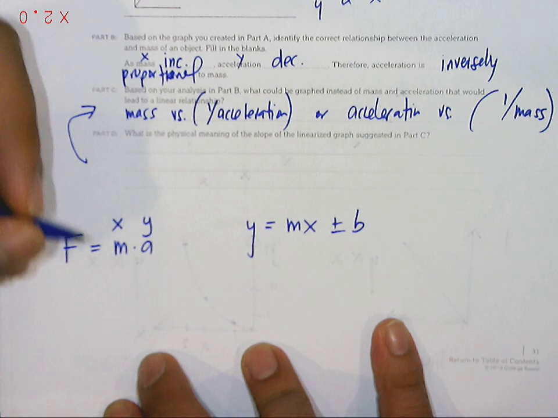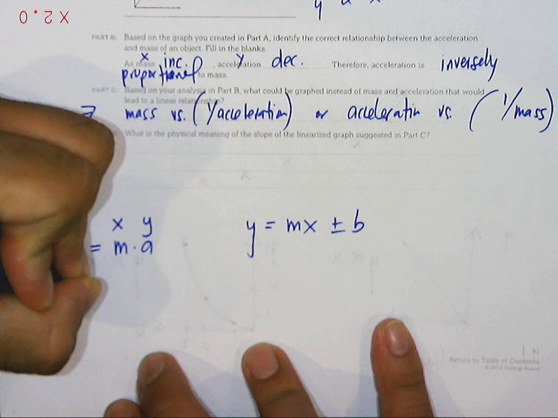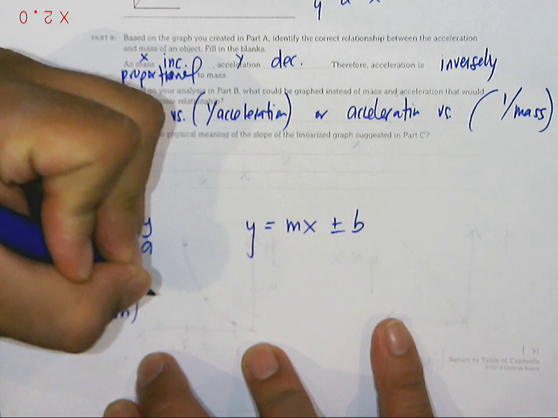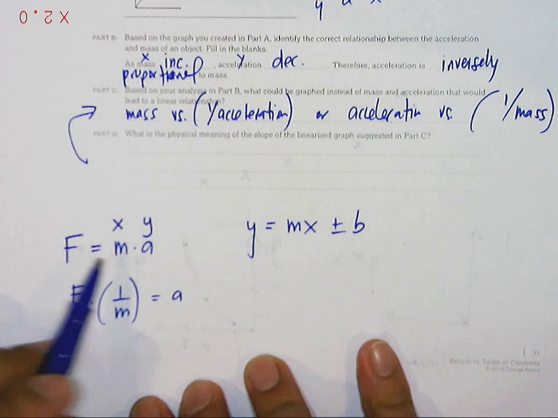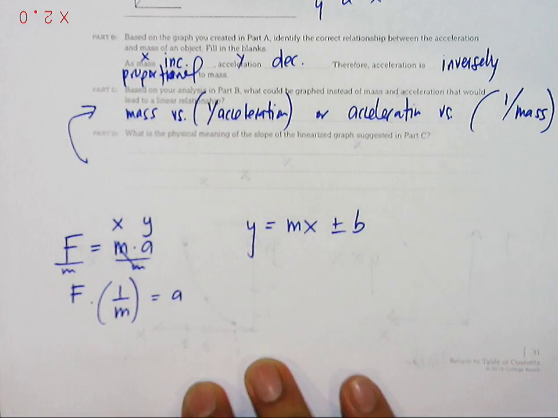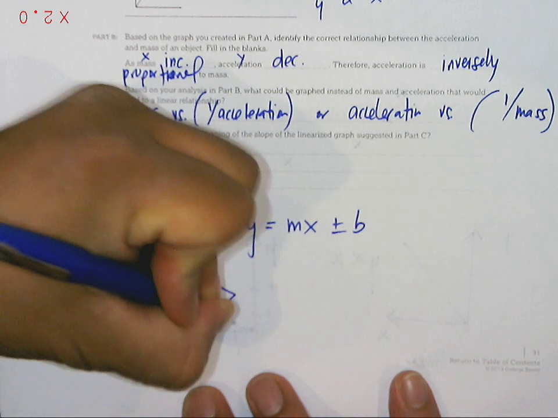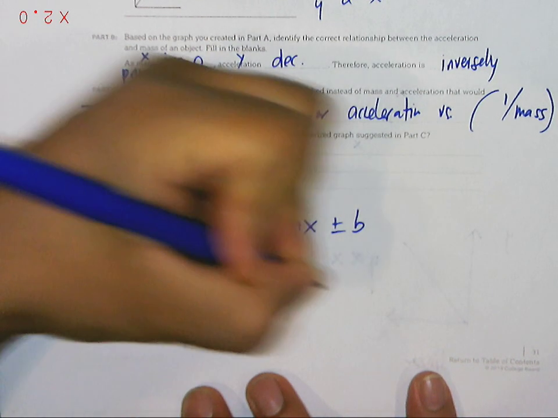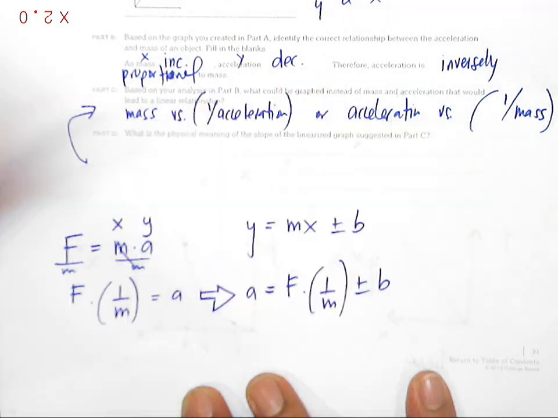So if I rewrote this, I would have force times 1 over m equals a, because I would have divided both sides by m. And so rewriting this in this format, I get a equals F times 1 over m plus or minus b.